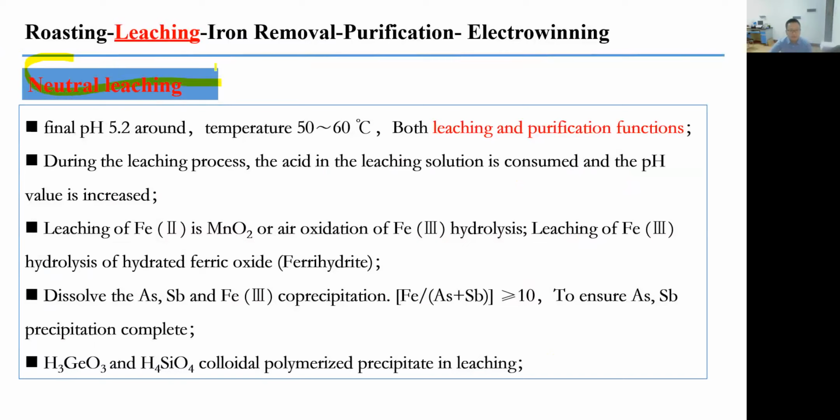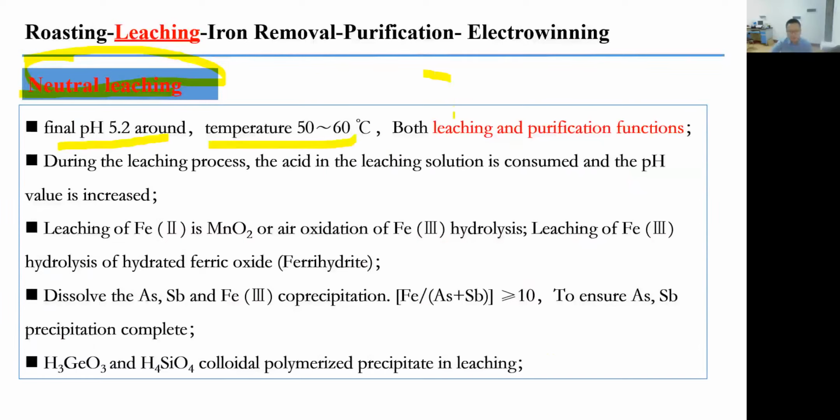In the neutral leaching, we can make some important remarks. The final pH value of this neutral leaching is 5.2, because this is the isoelectric point of ferric iron oxide hydroprecipitate, and the leaching temperature is 50 degrees C. In this process, you have two important functions.